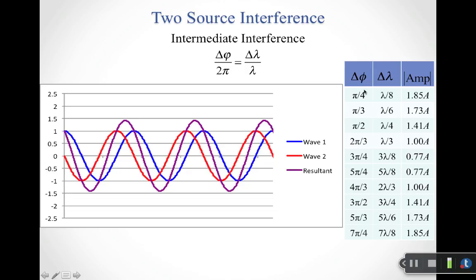And again, what you can see is the closer you are, when we think about the phase difference first. Right? Well, I know that a phase difference of 0, they're going to be perfectly aligned and my amplitude will be 2. I know that at a phase difference of 2 pi, they'll be perfectly aligned again and my amplitude will be 2. At a phase difference of pi, I know that they'll perfectly cancel out.